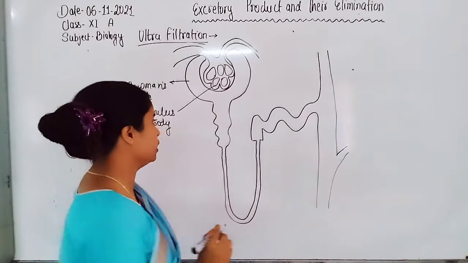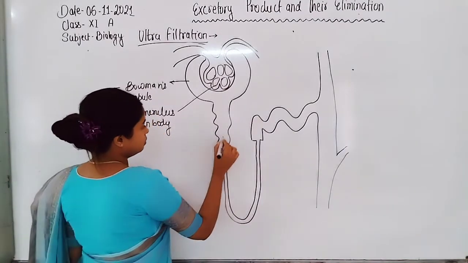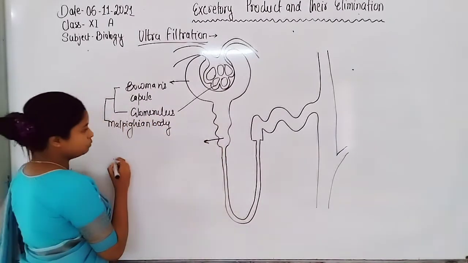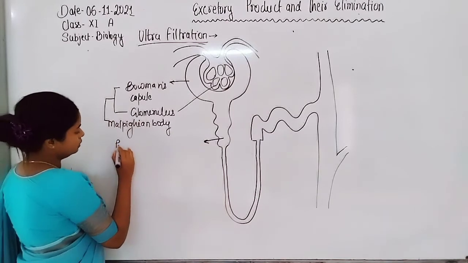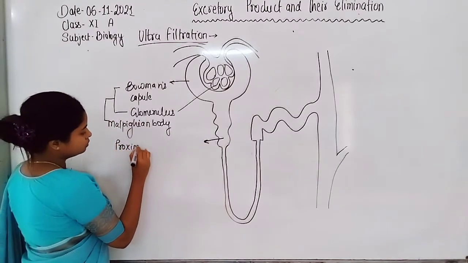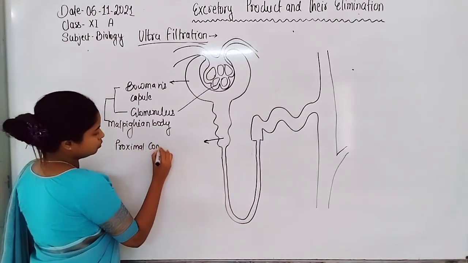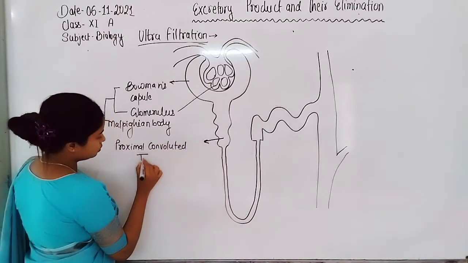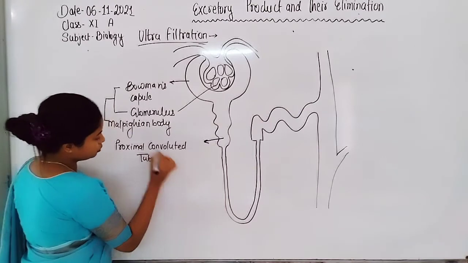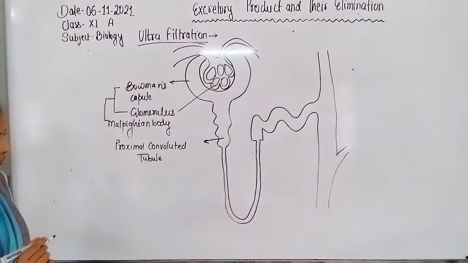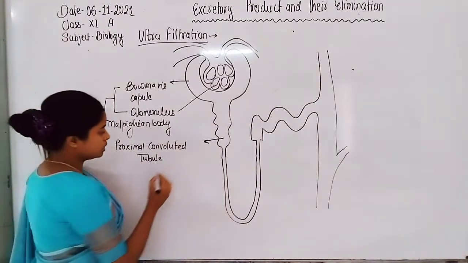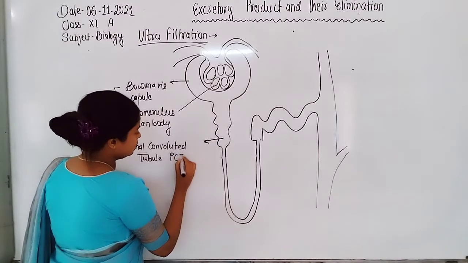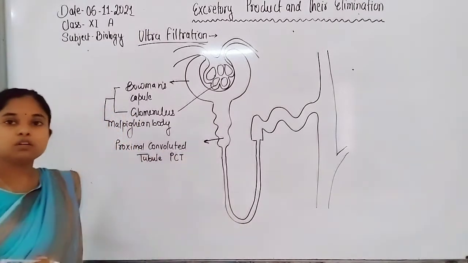Below the Malpighian body, the proximal convoluted tubule is present, also said to be PCT.